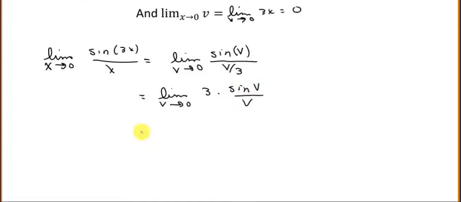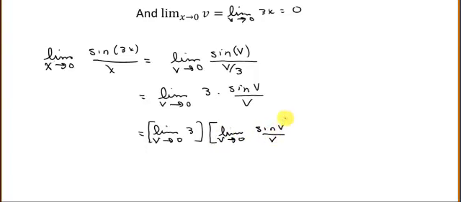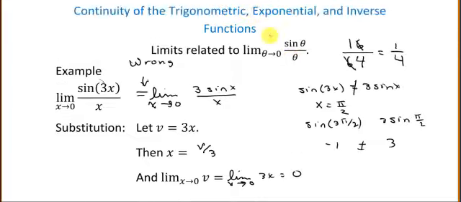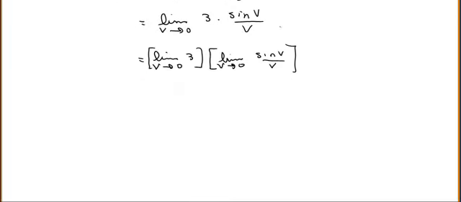This would then be the limit as v approaches 0 of 3 times the limit as v approaches 0 of the sine of v over v, which is just the above limit restated in terms of v instead of theta. This is the limit of a constant, so it's the constant 3, and this limit turns out to be 1, assuming that we're measuring things in radians. So this limit turns out to be 3.